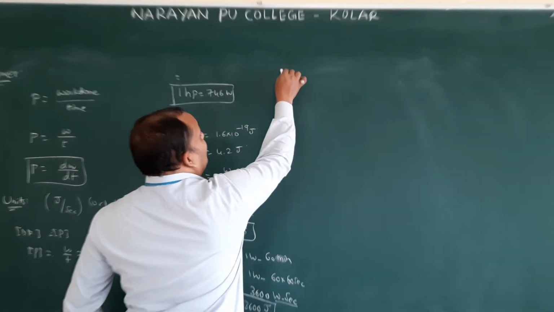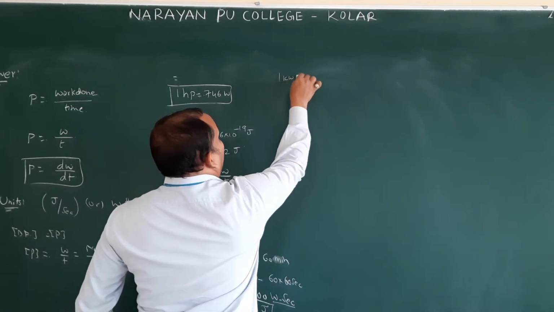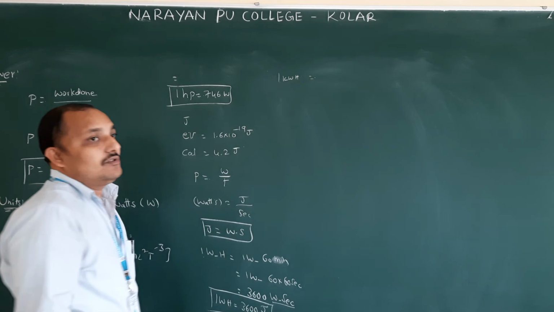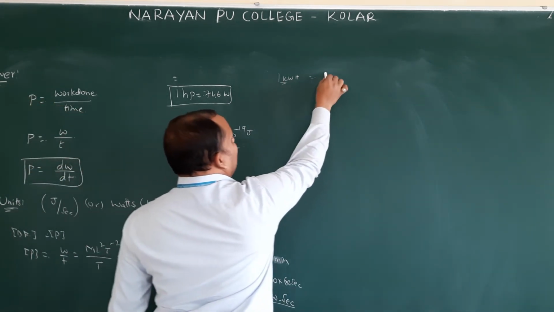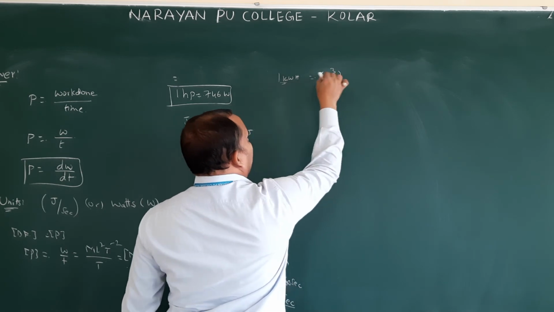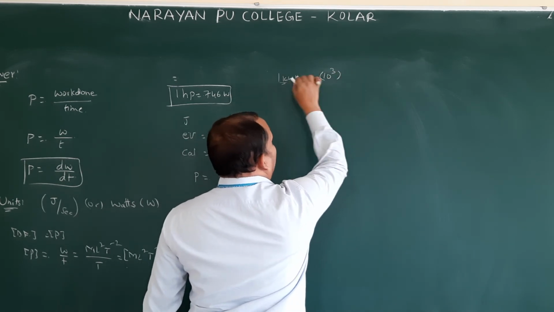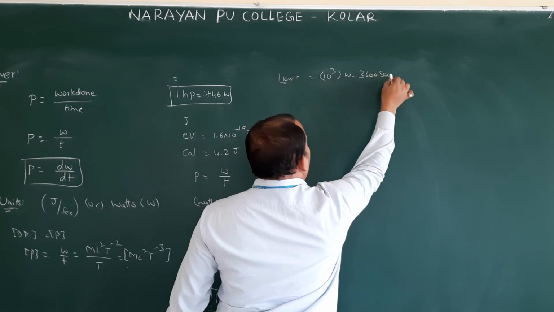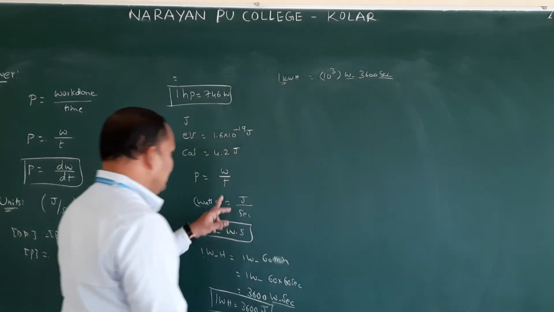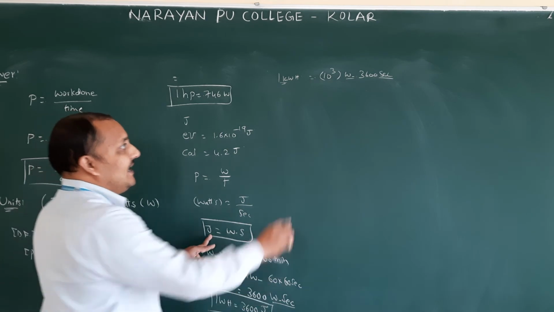Next they will ask 1 kilowatt hour. 1 kilowatt hour means 1 kilo means how much? 10 cube watt hour. So watt hour is 3600 watt seconds. Again, watt second is nothing but energy.